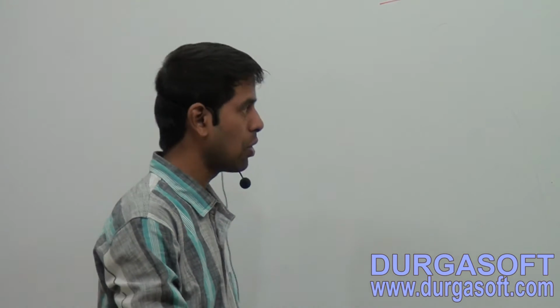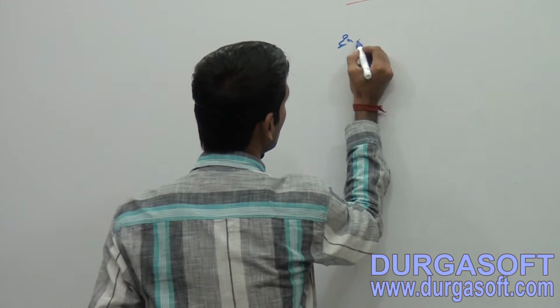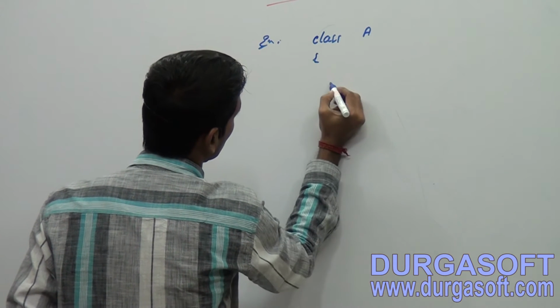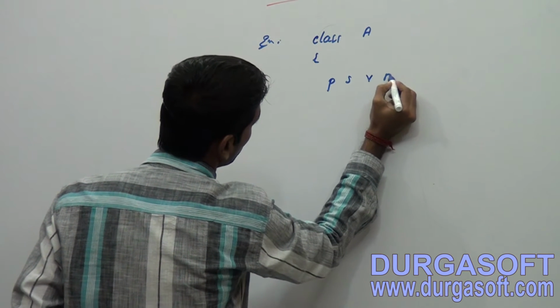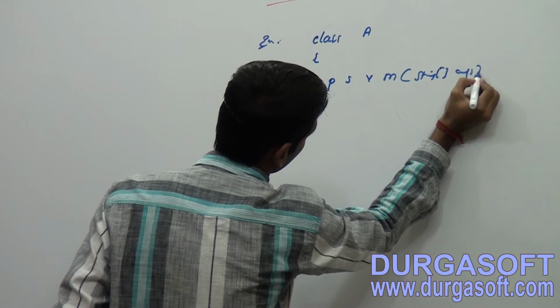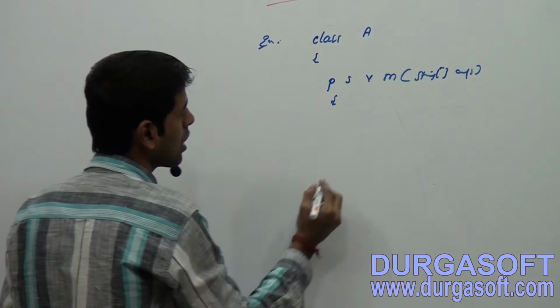Observe here the small example. Class A, public static void main String array args. Now if I want to print Good morning, how do we do that?